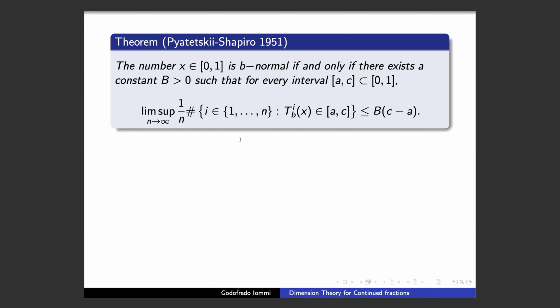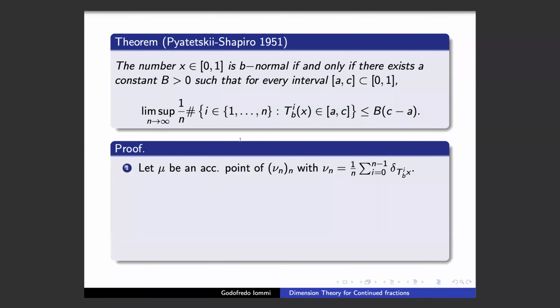I'm not very interested in the proof at the moment, but I would like to point out how you proceed. You pick the sequence of empirical measures and pick an accumulation point for it, which you know exists because the space is compact.